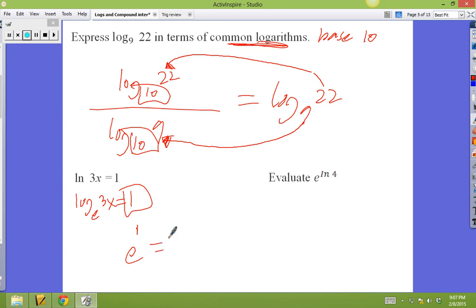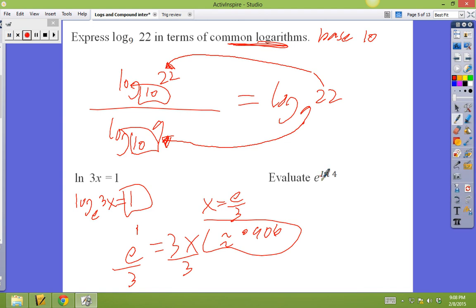So e to the 1 is equal to 3x. Now if you want to solve for x, it's got out of that log. Now it's kind of all by itself with 3. Divide by 3, divide by 3. So your answer is x is equal to e divided by 3. And e is like 2.72. So if we do e divided by 3, and if they want the decimal, that is going to be 0.906 approximately.